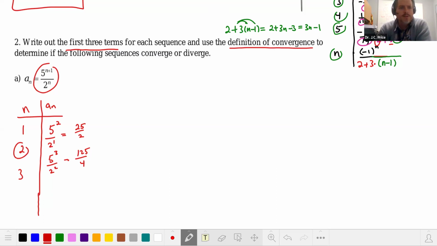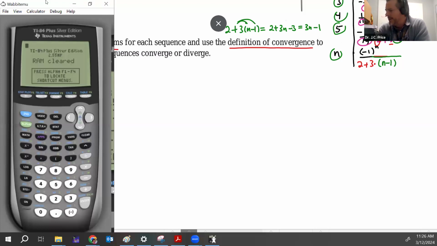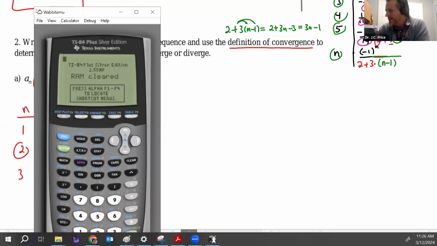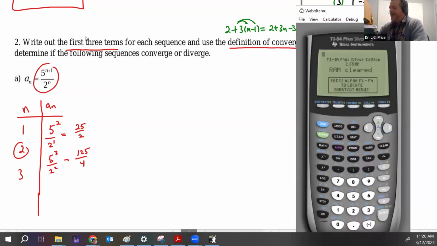Here's my calculator. Let's see. There we go. Oh, perfect. Okay, here we go. So here's my little calculator right here. See if I can make that a little smaller. Great.